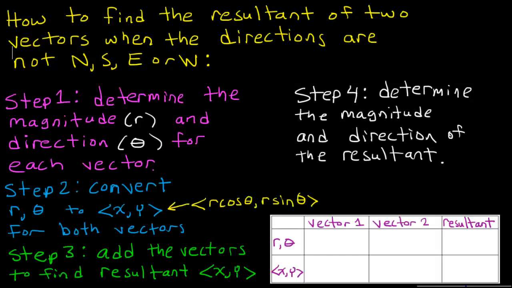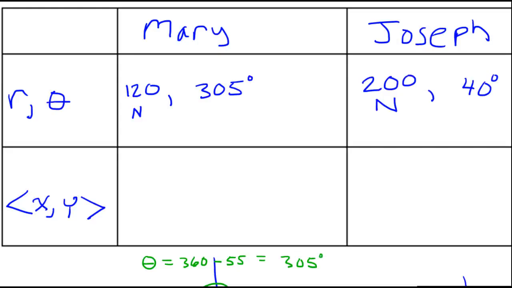So what's the next step? Step 2, convert the magnitude and direction to component form x, y. And we'll do that using the little formula r cosine theta, comma, r sine theta for both vectors. So that's what we're going to do right now.